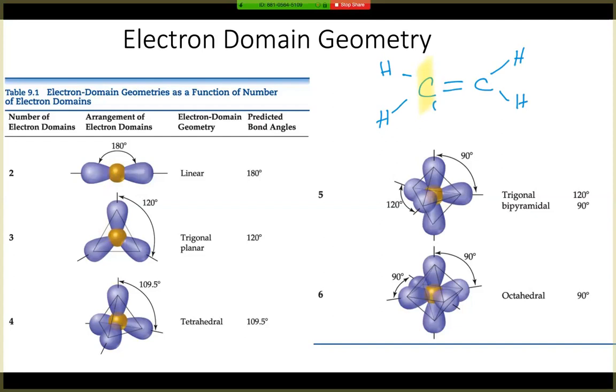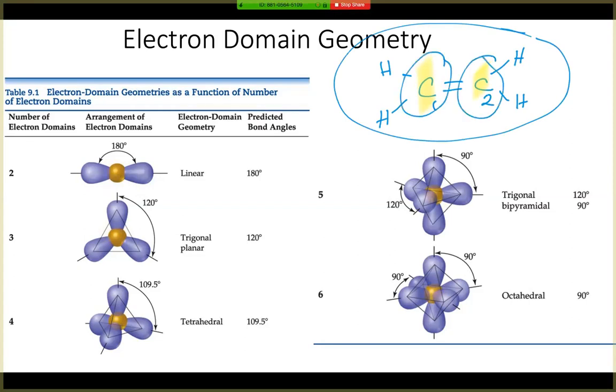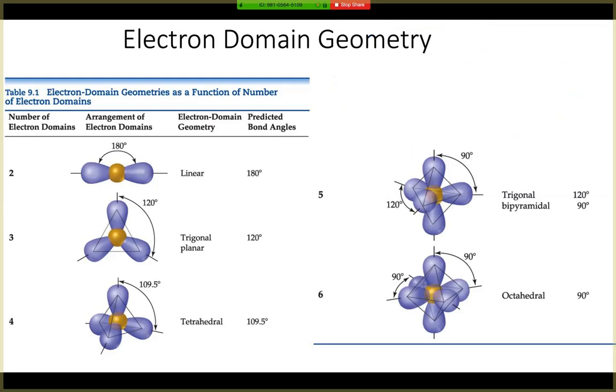If I sit on carbon number 2, what is the electron domain geometry? I'll give you the heads up that everything in this worksheet has been designed so that if there's no center atom per se, both of the atoms near the center will have the same electron domain geometry. So that should be a little bit of a help.